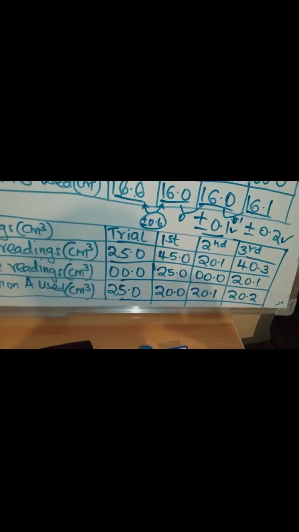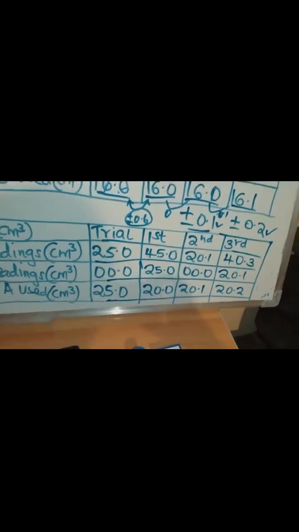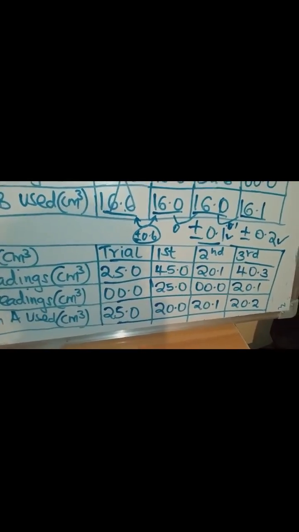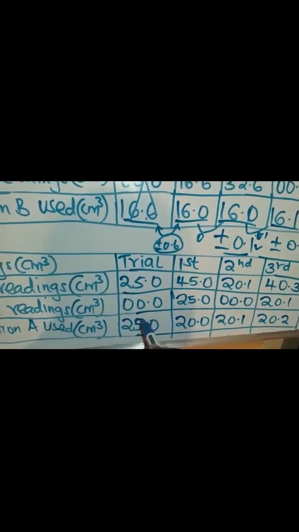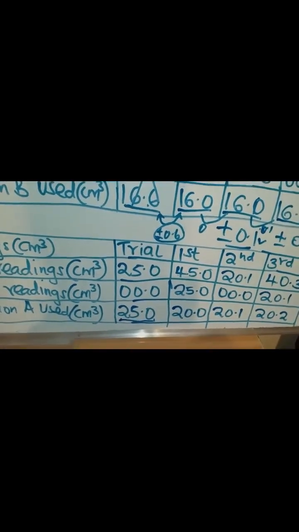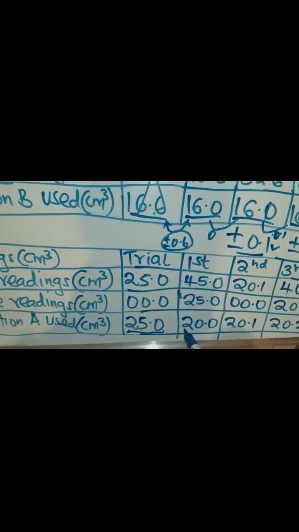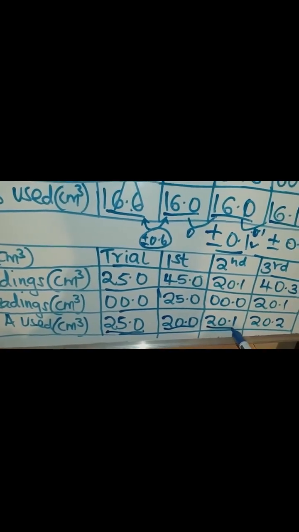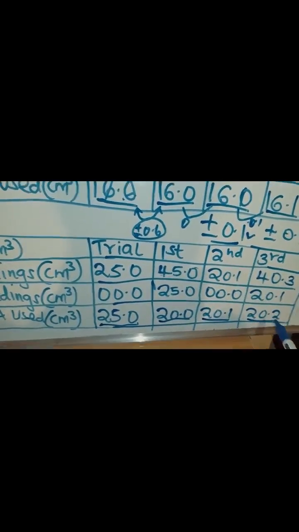So in this case, again, in the trial, we have the biggest value, 25.0. Then we have 20.0, then 20.1, then 20.2.